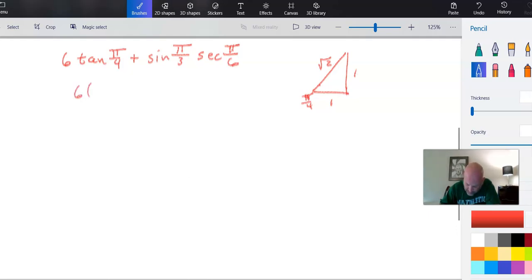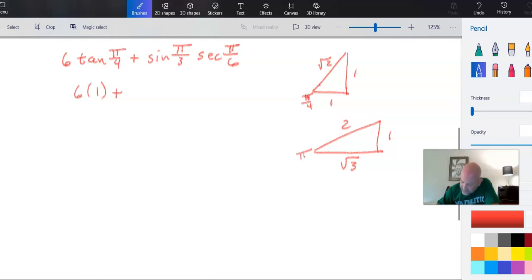So this is 6 times 1 plus, let's see, sine pi over 3. Okay, so we need the other triangle here. Let's do this. That would be 1, root 3, 2. It's a really good idea to just re-sketch these each time you use them because it helps you remember. Even if you have it right there in front of you, you don't need to write it down to reference it. Just re-sketch it. In the long run, it's going to help you out a lot.